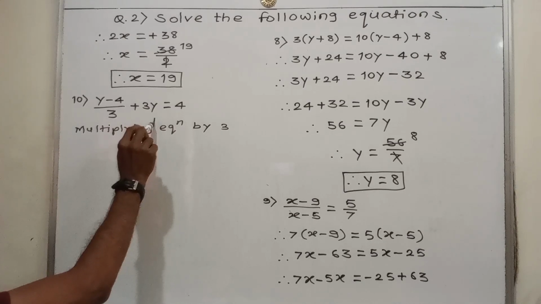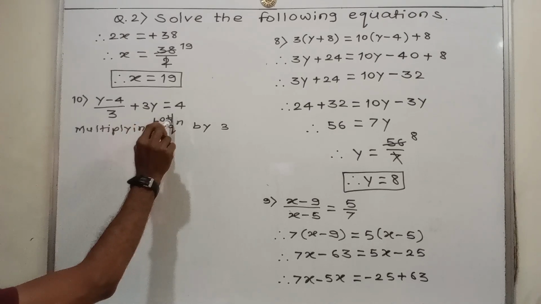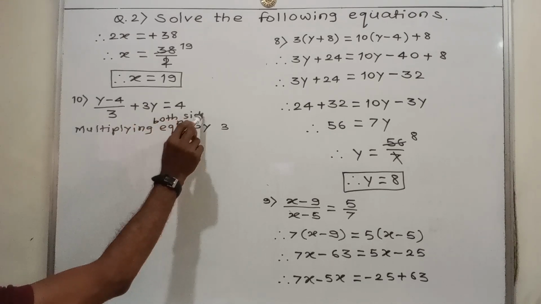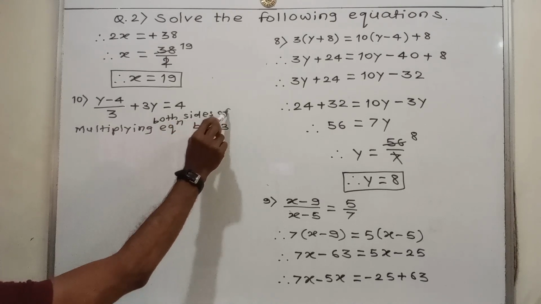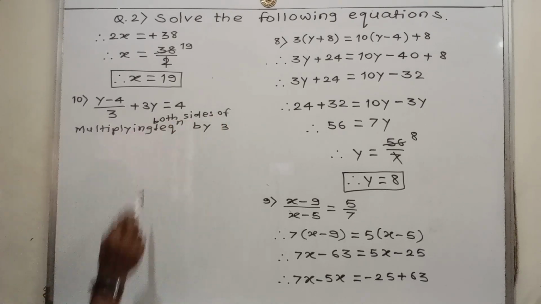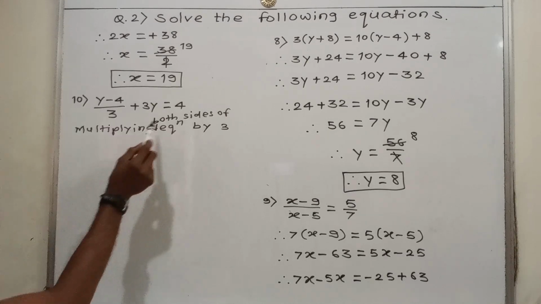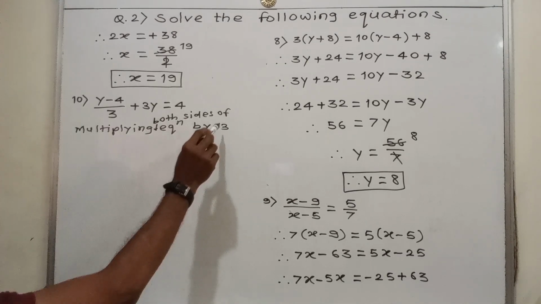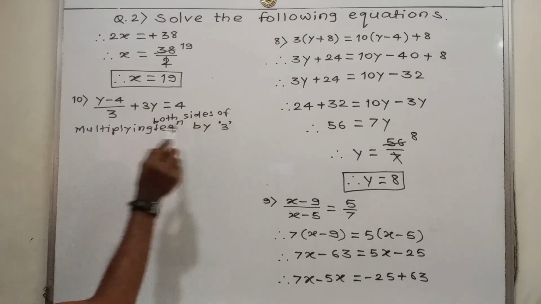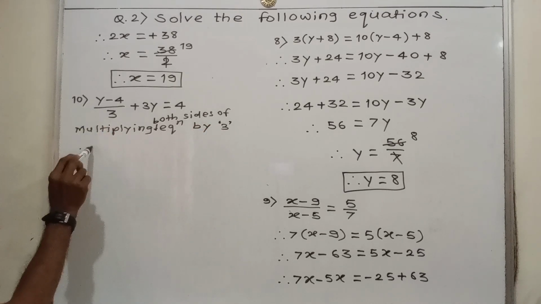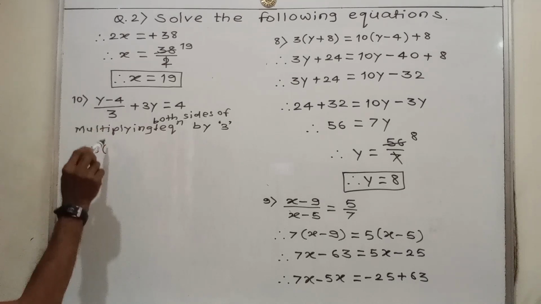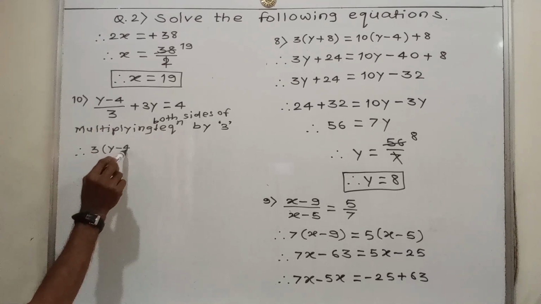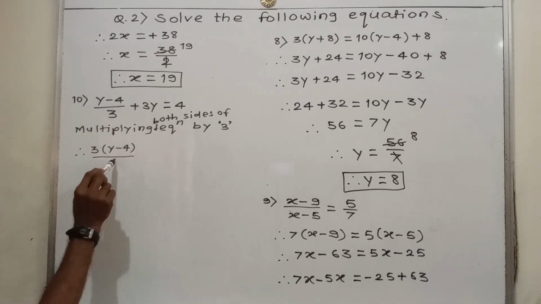We write here, multiplying both sides of the equation by 3. Okay, see this, multiply, therefore 3 into y minus 4.